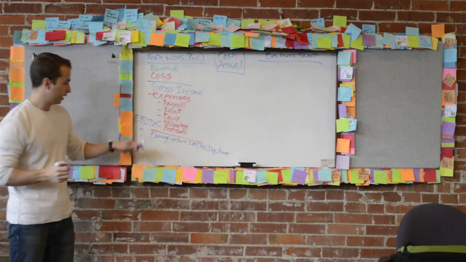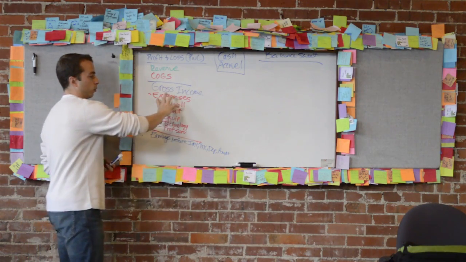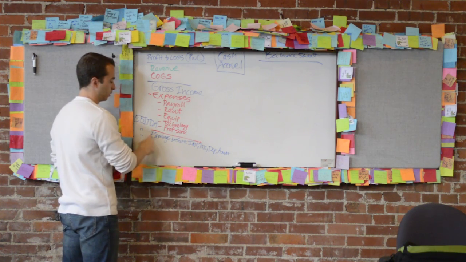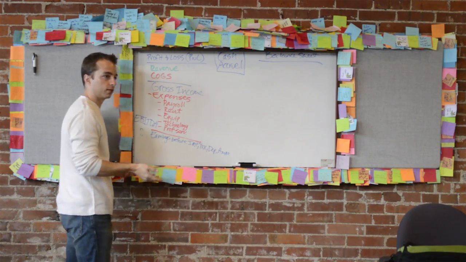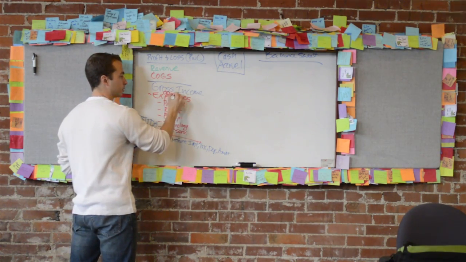And so these four things, when you start paying out all this stuff, then what you start subtracting out for EBITDA is the interest that you're paying on long-term debt, because these are operating expenses.